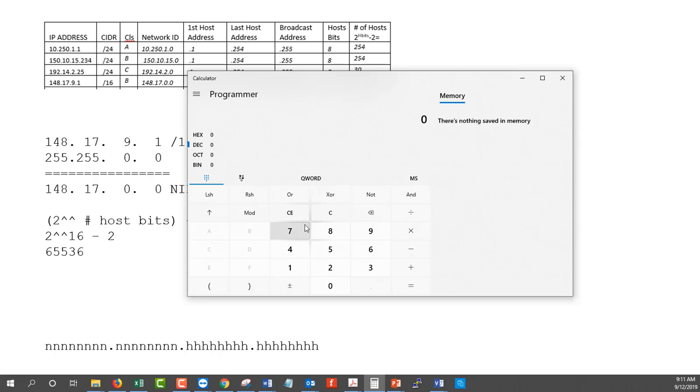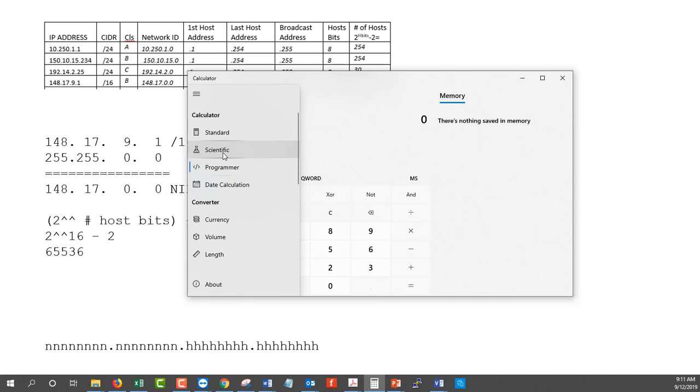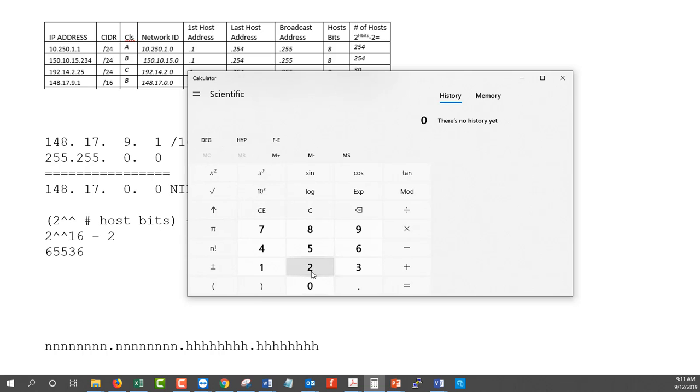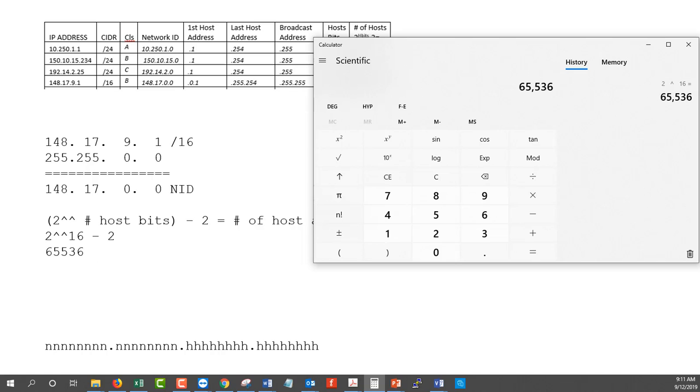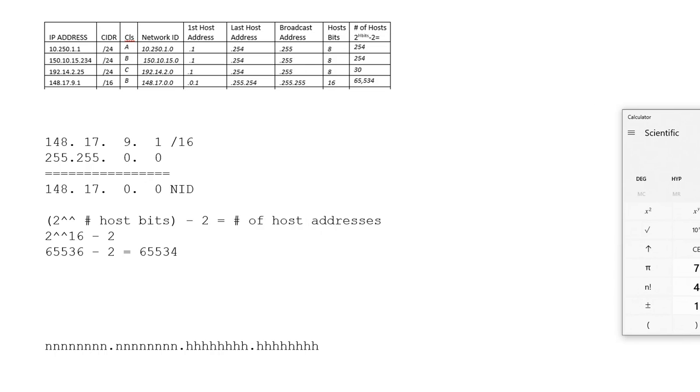We'll go to scientific, and we'll say 2 raised to the 16 gives us, yes, 65,536. Then we say minus 2, and that's going to give us 65,534. That's the number of hosts. That's the calculation we got there.